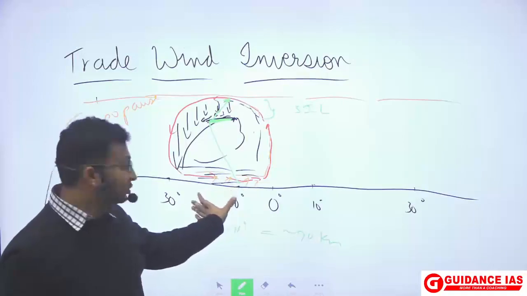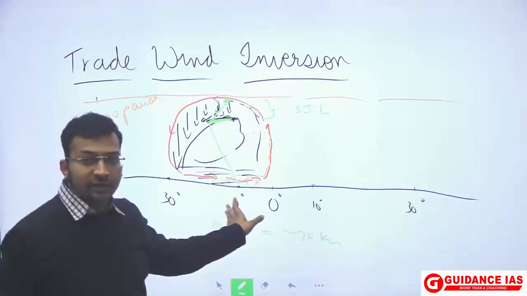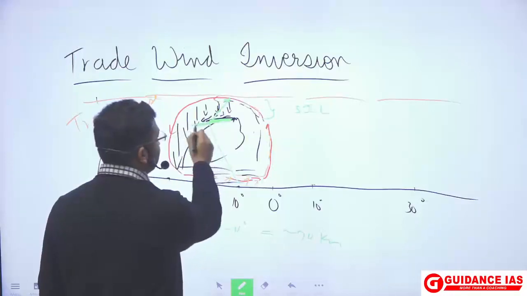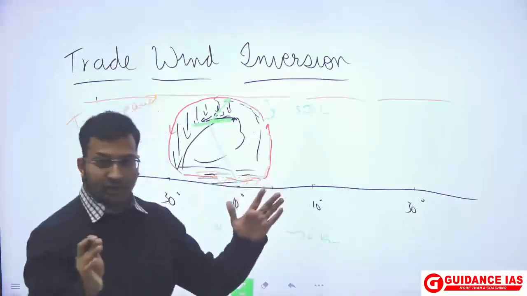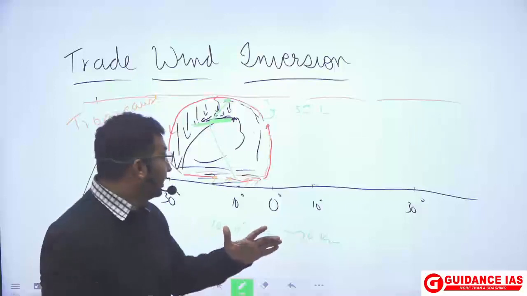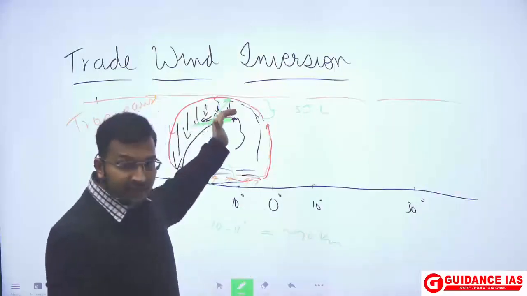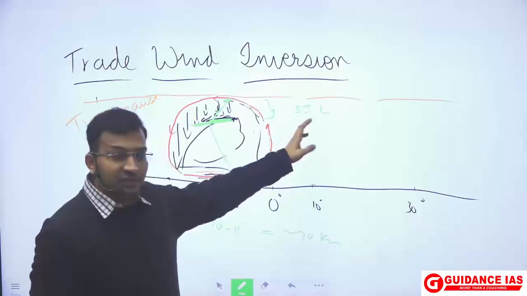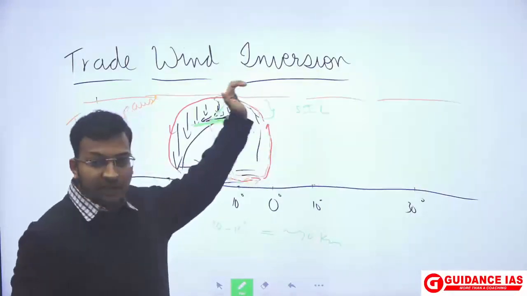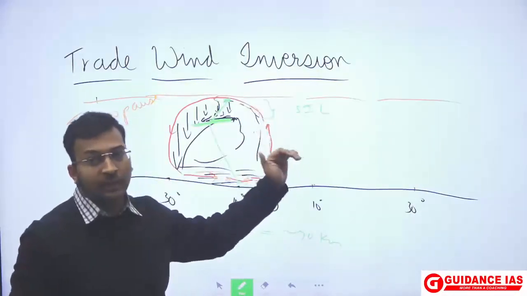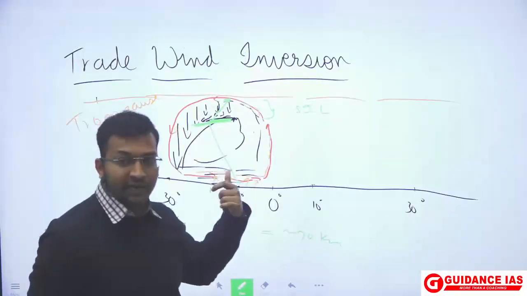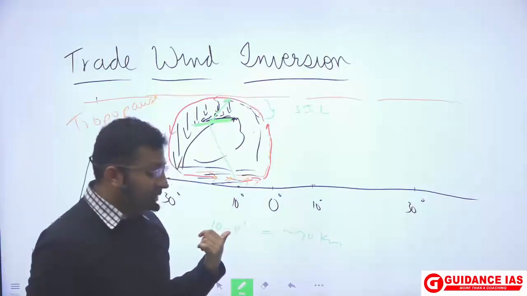So it's almost around 1400 kilometers. So there will be hundreds of kilometers of layer where adiabatic heating will be observed, and thus the subsidence inversion will be observed at a certain height in the upper layers. That's why it is a subtype of upper air temperature inversion.